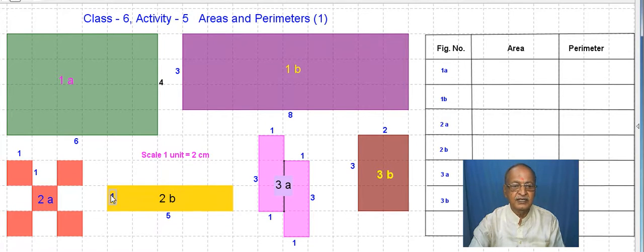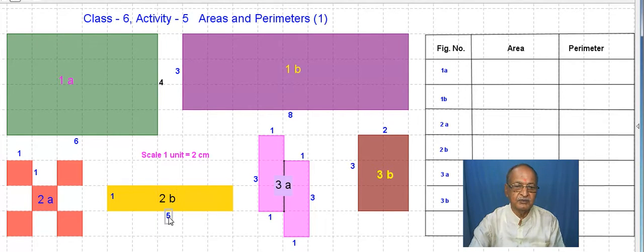Now 2B, it is a kind of rectangle. You can use length into breadth for the area formula. For perimeter, 2L plus 2B or 2 times the sum of length plus breadth. So 5 plus 1, 6, into 2, 12.